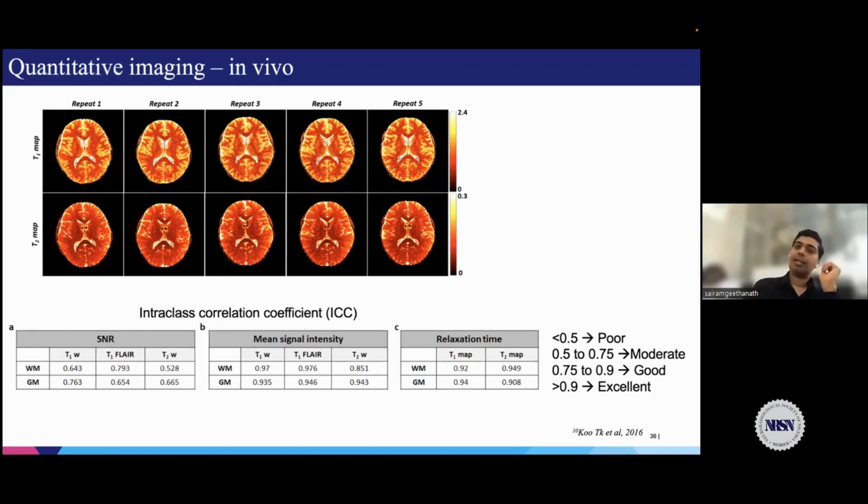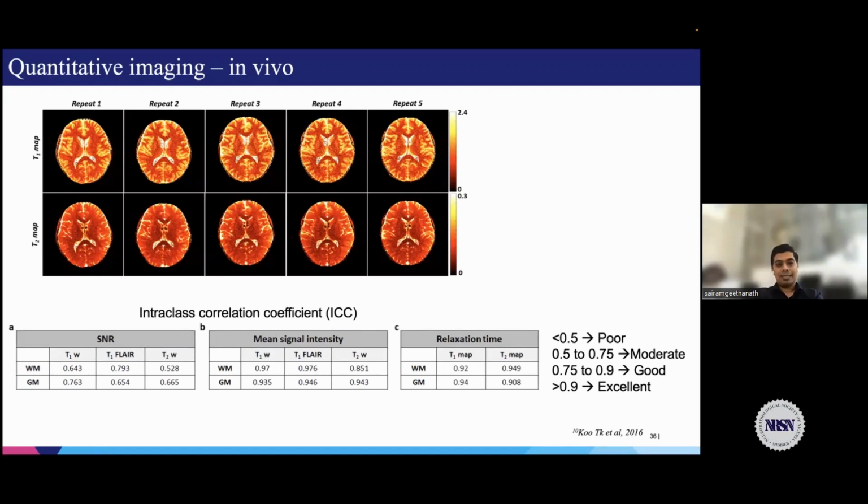The statistical analysis involved computing the intra-class correlation coefficient, and what you can see is, and the gradings are on the right. You can pretty much see excellent correlations for white matter, gray matter, relaxation rates, and when it comes to the mean signal intensities as well.